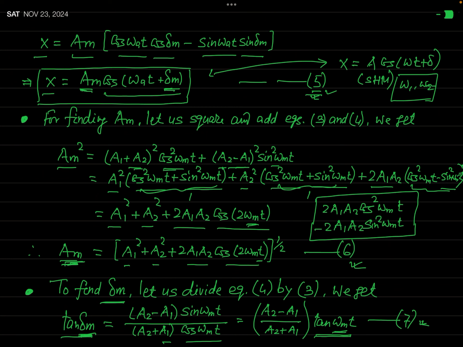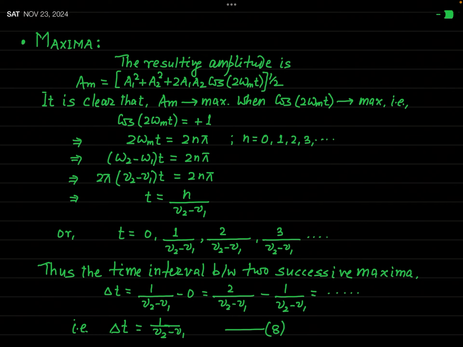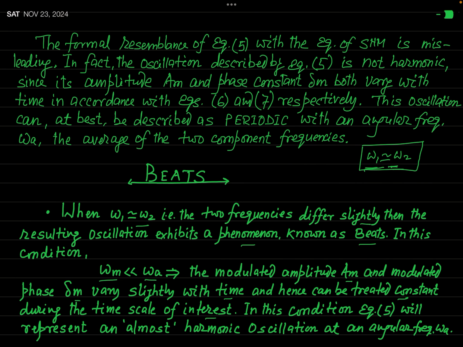Therefore x equal to AM cos(omega A t plus delta m). Now this equation will represent a simple harmonic oscillation because its amplitude AM and the phase constant delta m are constant, not time dependent. But this will happen only when you consider that omega 1 and omega 2 are very close to one another. Only then such a situation will occur.